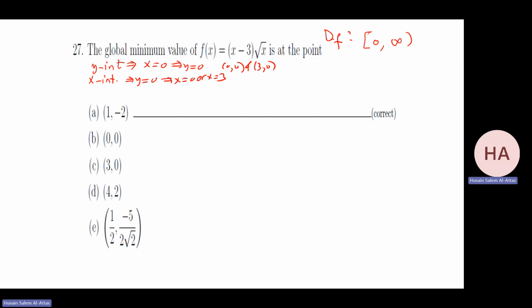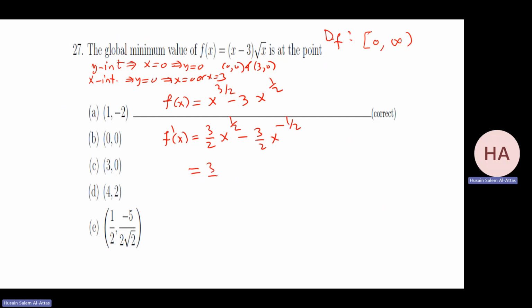So we'll go to the derivative, f prime. Let me rewrite f as x to the power 3 over 2 minus 3x to the power half. That will make it easier to do the calculation. F prime will be what? 3 over 2 x to the power half minus 3 over 2 x to the power minus half.